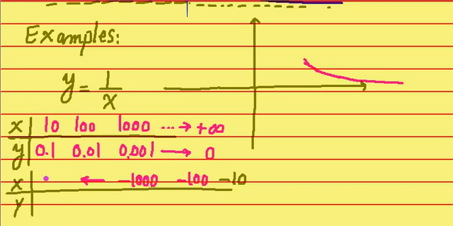I work my way to -infinity. Story is same as here, except all numbers are negative. -0.1, -0.01, -0.001, and we are marching towards 0. What does the picture look like on that side? Well, on that side the picture looks like this.